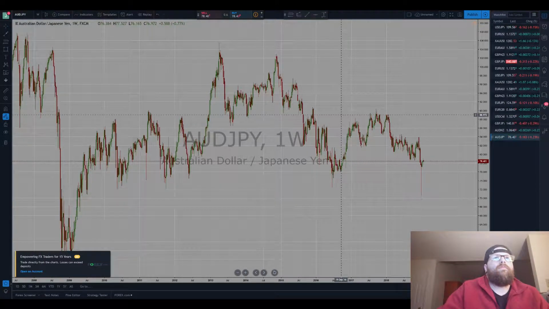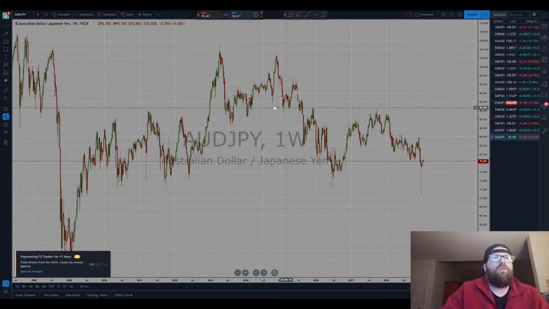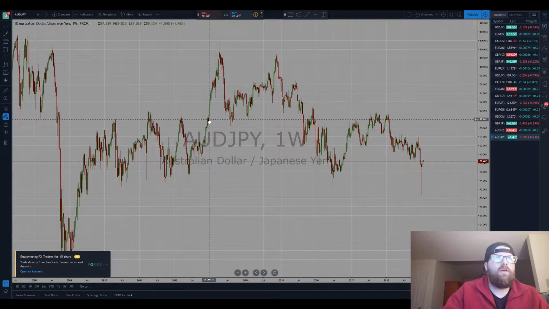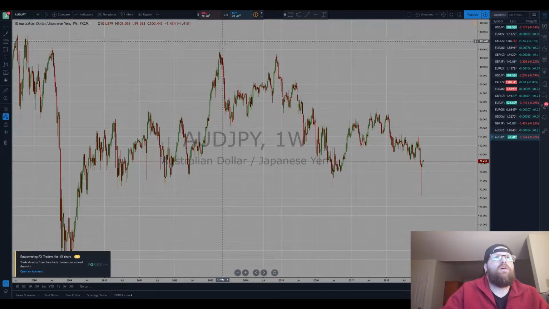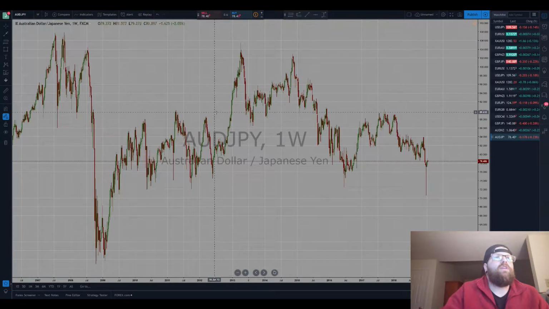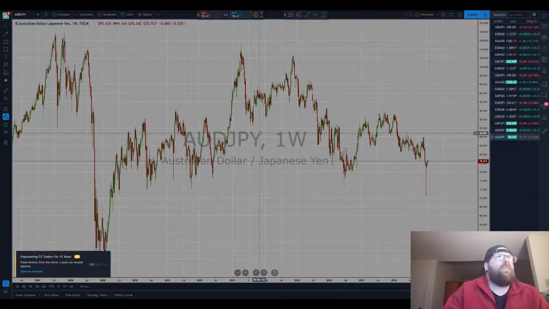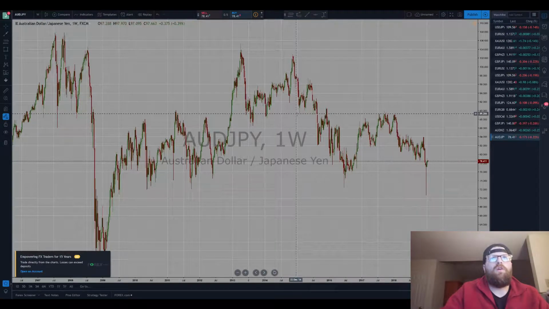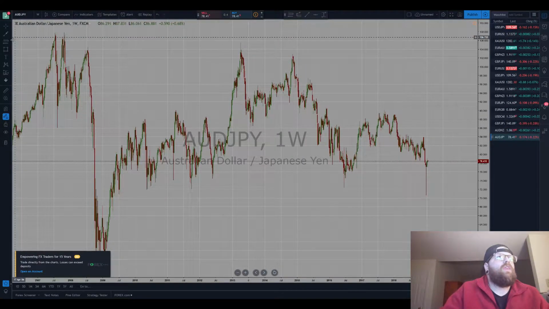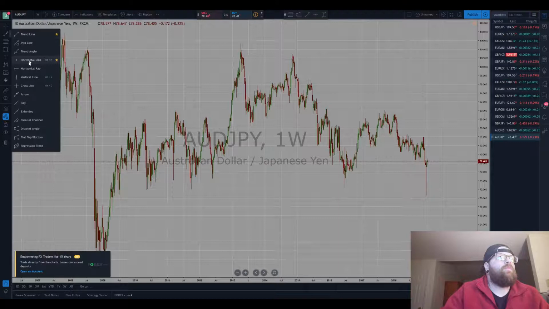So you can see that we're looking at AUD JPY on the weekly time frame, and you can see that price travels to certain levels and then reverses, travels to certain levels and then reverses, and you can go back in time and see that these levels are somewhat consistent. Now, it is important to point out that these levels are not exact numbers.